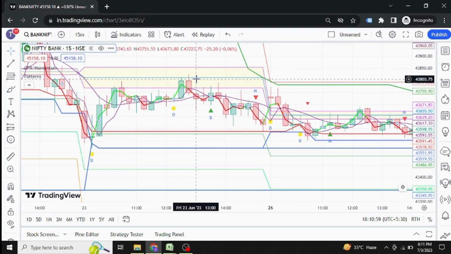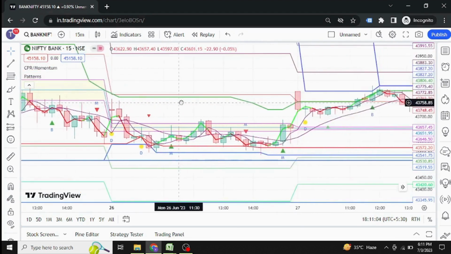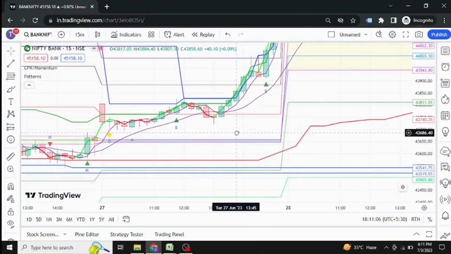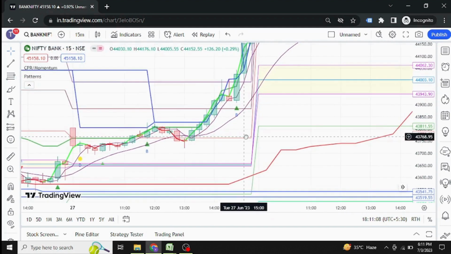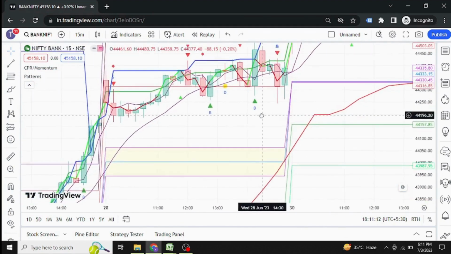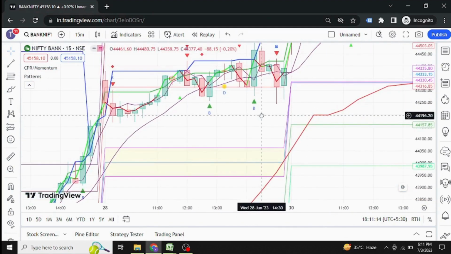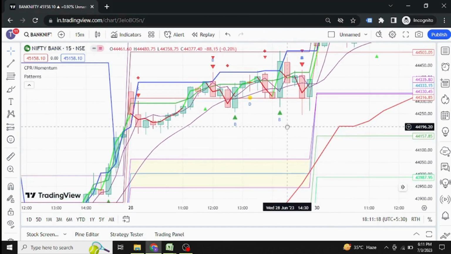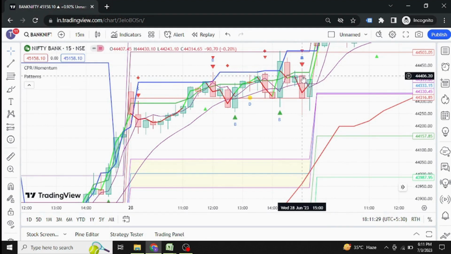Okay, like over here, if there is something which can be shown, I'll show you somewhere. Hold on. Yeah, like here, after this, you might have entered over here, or somewhere here, and your stop loss is hit over here, or maybe over here, something like this.